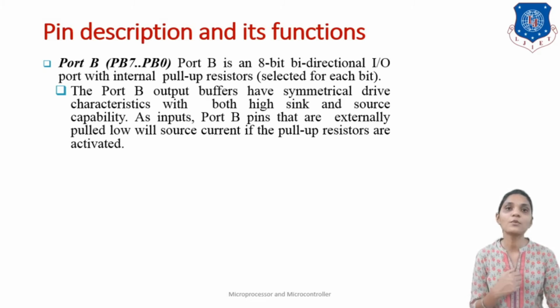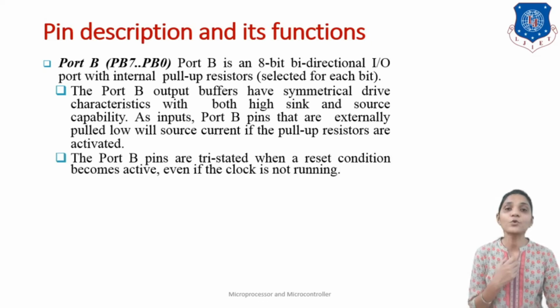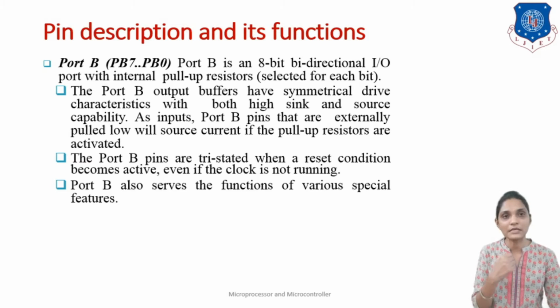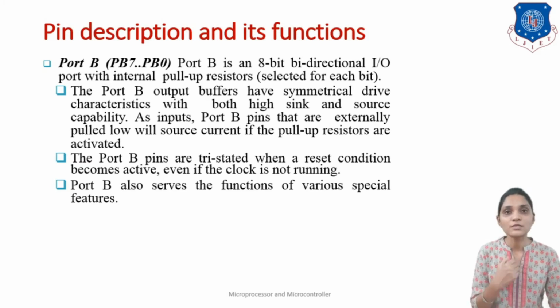As input, port B pins that are externally pulled low will source current if the pull-up resistors are activated. That is the same as port A. These port B pins are tri-stated when the reset condition becomes activated, even if the clock is not provided. Port B also serves various special features that we will see at the end. So this is port B.